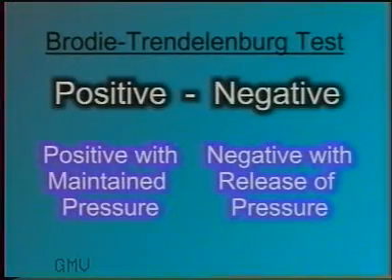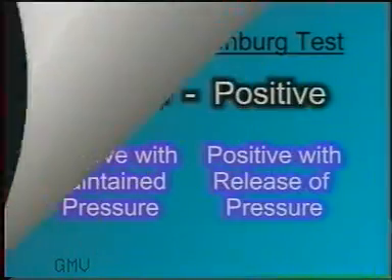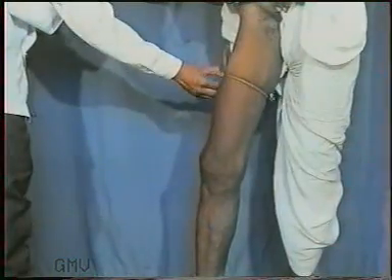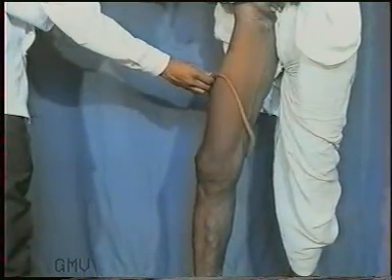Positive-negative result implies only perforator incompetence, and positive-positive result implies incompetency of both saphenofemoral valve and the perforators. Note again how the vein fills rapidly on releasing the tourniquet.